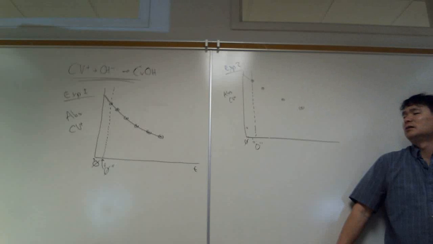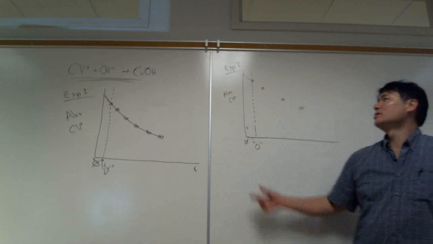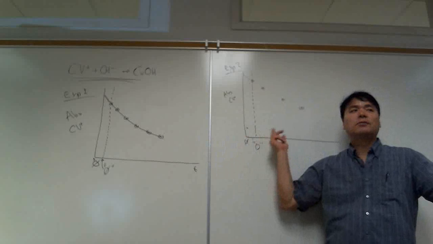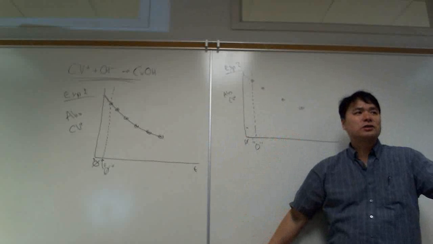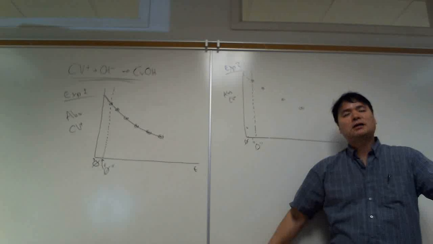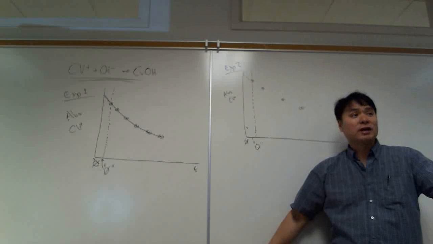No. What's the difference between experiment 1 and experiment 2? Yeah, experiment 2, essentially we just doubled the hydroxide concentration. And we left the crystal violet concentration the same. And so that technique is called the method of initial rates.